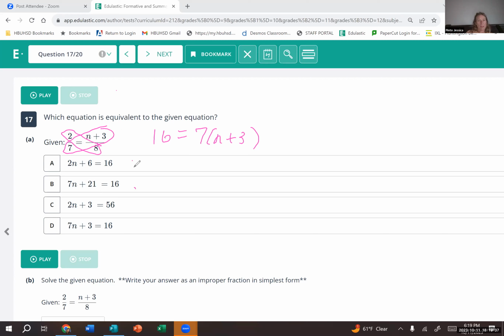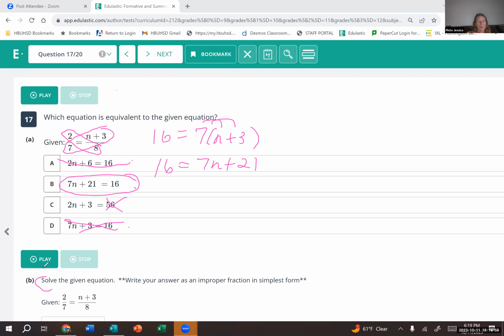So I'm seeing the 16 a bunch. The 56, that's wrong. And that's going to give me 7n plus 21. So 2n plus 6, no. 7n plus 21, yes. Oh, they forgot on D to distribute. So the answer is B.